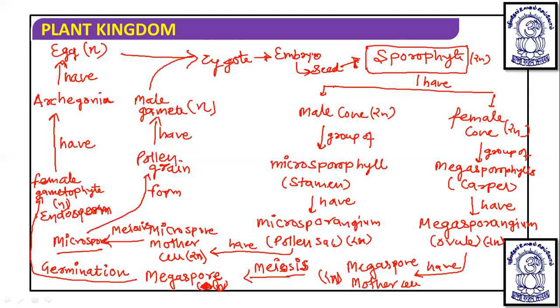So dear students, here the zygote is diploid, the embryo is diploid, the seed is diploid, the sporophyte is diploid, but before that, all are haploid structures, because the microspore and megaspore are haploid.